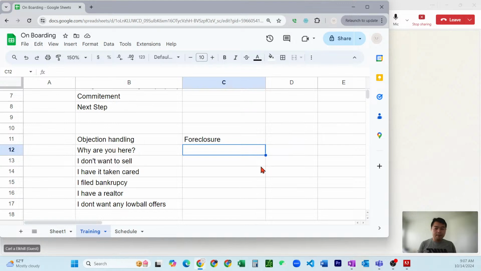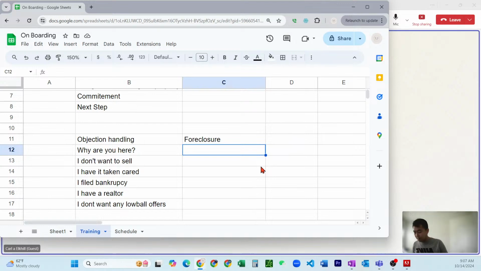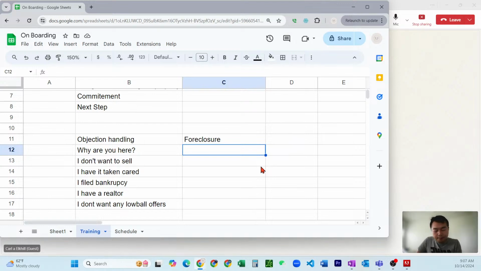Let's say we have it on the contract already, and I say, hey, caller, I know we discussed before that you mentioned the house is only worth about 200K, and that the only thing outstanding is the loan, and we just ran the title. I think there's something I need to tell you, but I just don't know how to tell you. What am I supposed to do?